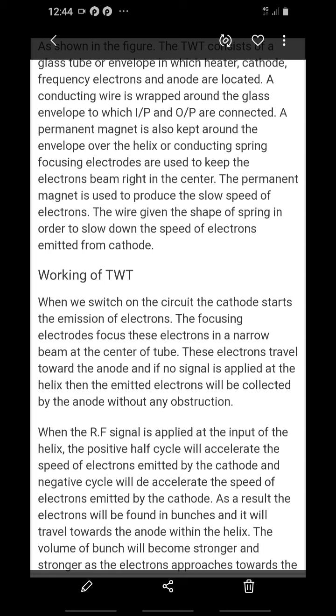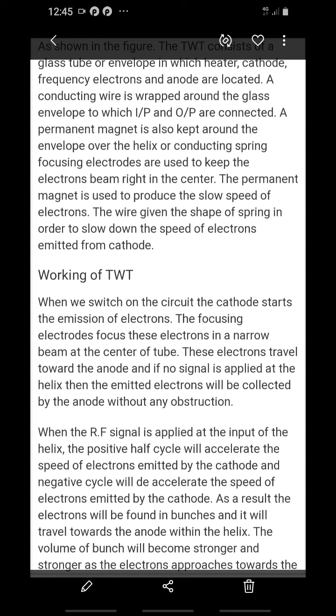A permanent magnet is also kept around the envelope over the helix or conducting spring. Focusing electrodes are used to keep the electron beam right in the center.